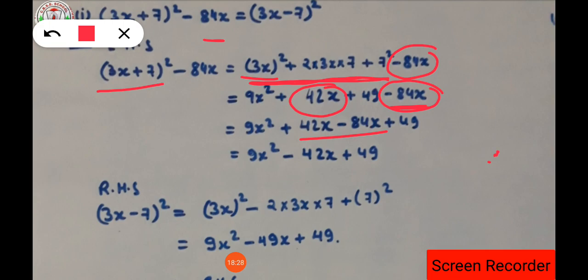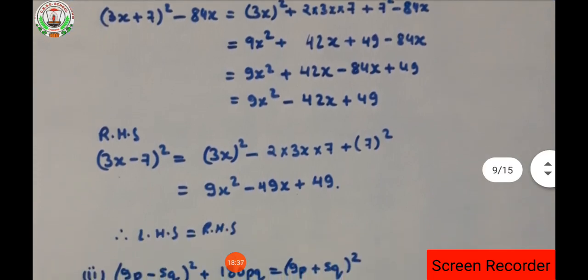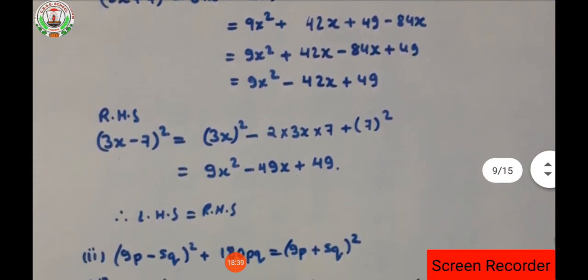Now see the RHS part. In the RHS part, 3x minus 7 the whole square is given. You have to use the subtraction identity, that is 3x minus 7 the whole square is equal to 3x square minus 2 into 3x into 7 plus 7 square, isn't it? So what will be the required answer?